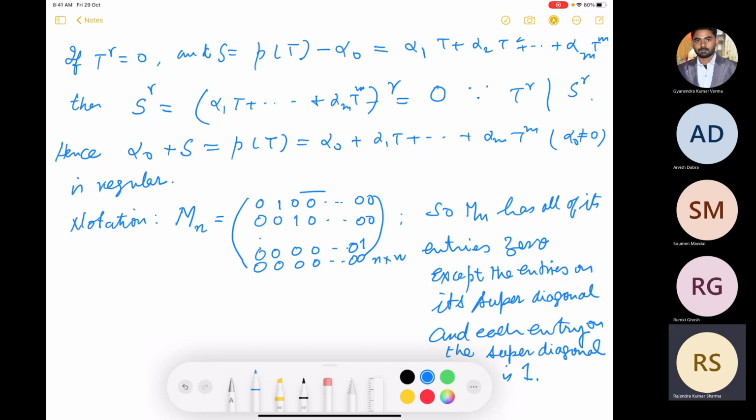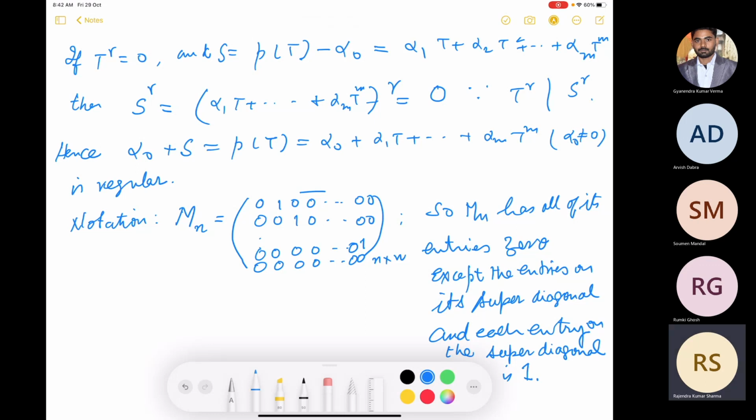So we shall fix for the coming discussion the notation M_n for the matrix of order n by n of this form, that it has all of its entries 0 except the entries that fall on the super diagonal, and all of them are equal to 1.